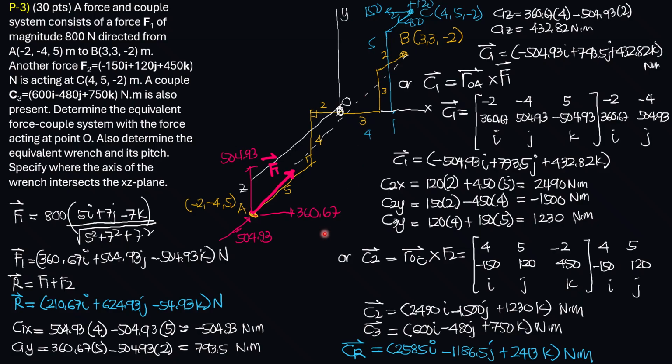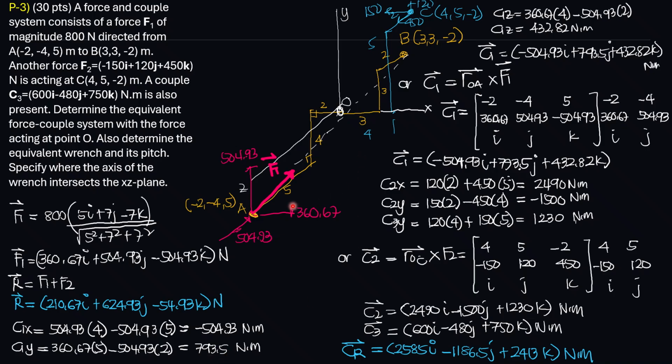So 360.67 times 5. And the moment of 504.93, because it is lying to the left of the origin, 2 meters, is minus, because this is the positive and the moment of 504.93 is in that sense. So minus 504.93 times 2. The answer is 793.5 Newton meter.